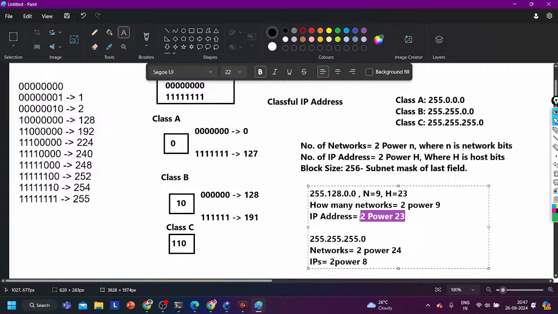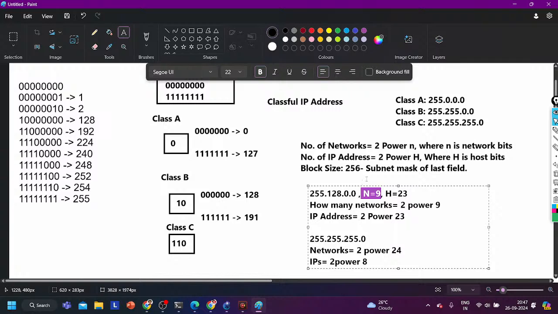I am getting IP addresses from the host portion only, from the host bits only. So if host bits are more, that means the number of IP addresses is more. If network bits are more, that means the total number of networks is more, and valid hosts are fewer.